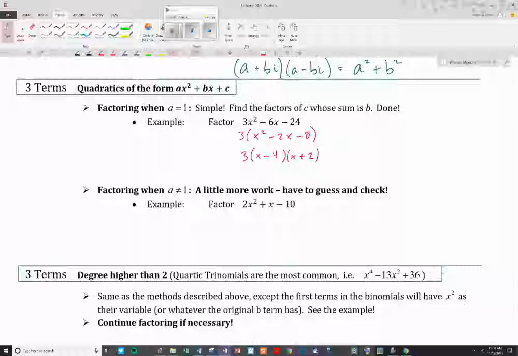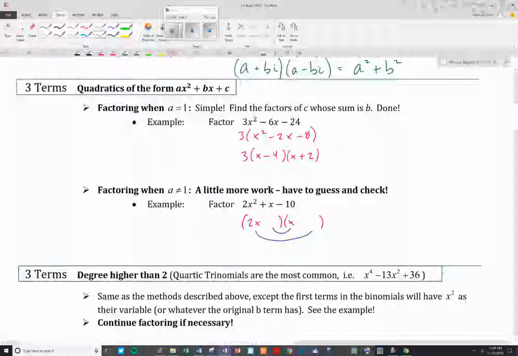A little more work when there's a leading coefficient that's not 1 and you can't pull out a GCF. So here we're going to have to do a little bit of guess and check. So again, remember, it's this product and this product we want to add up to that 1x that's in the middle. So some factors of -10 are obviously 5 and 2, 10 and 1.